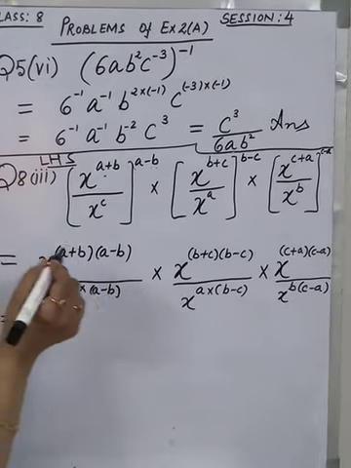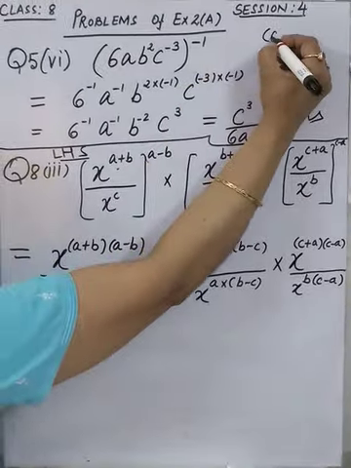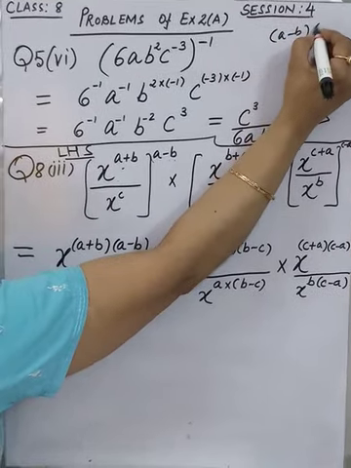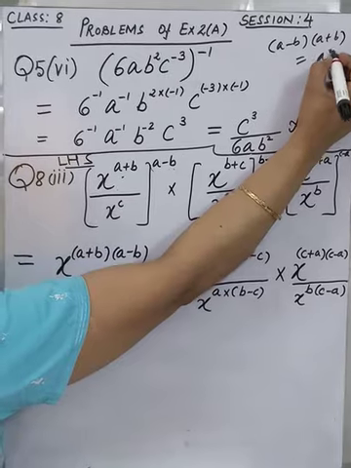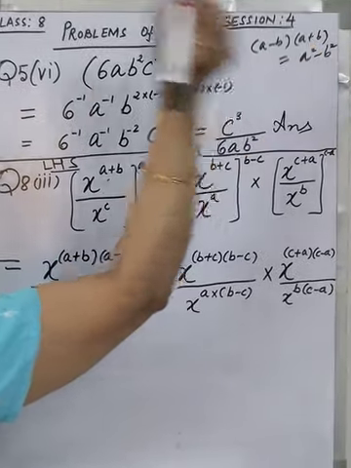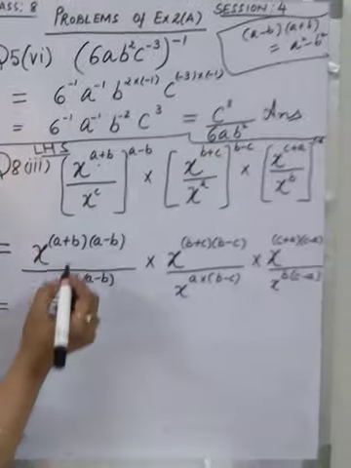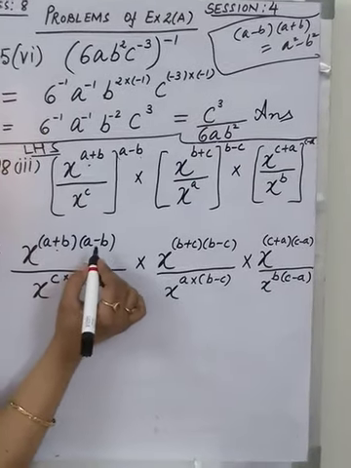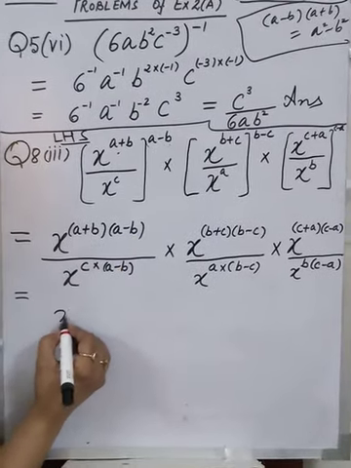I made you remember the identity. Whenever we find the identity a minus b, a plus b, it is always equal to a square minus b square. So I am going to use this identity. So what we have, x to the power a plus b into a minus b. So what it becomes?